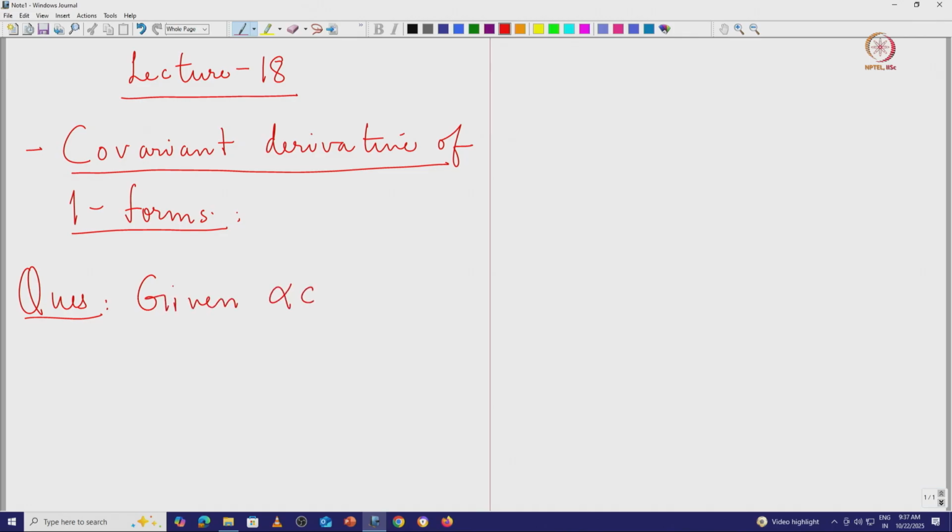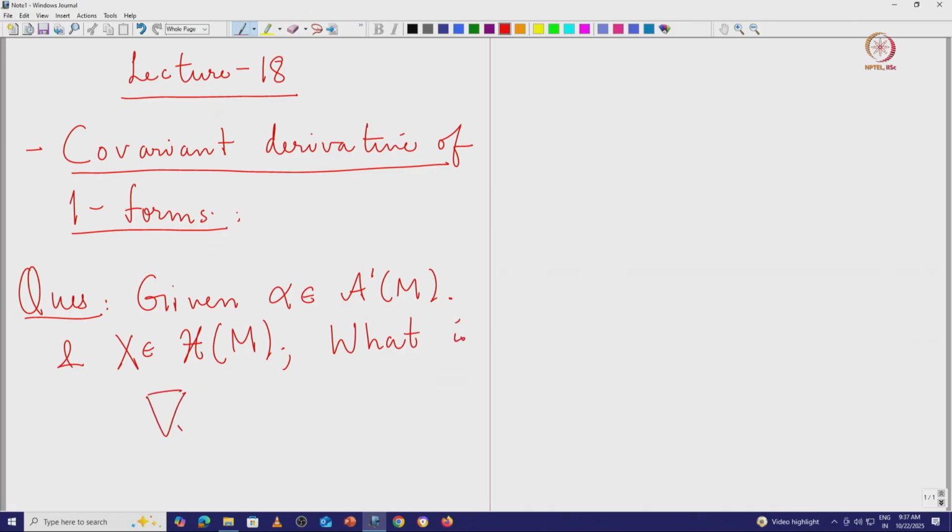Given, let's say, a one form alpha and a vector field X, what does taking the derivative of alpha with respect to X mean?